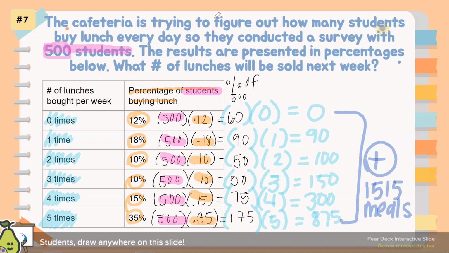Then once we got that number, we needed to multiply it by how many times they were going to purchase lunch. 0 times gave us 0, 1 time 1, 2 times 2, 3 times 3, 4 times 4, 5 times 5, and get a number and then add them all up to figure out how many meals we got.